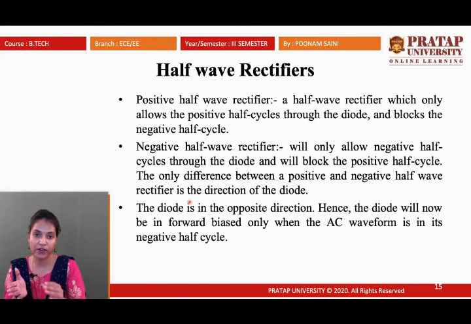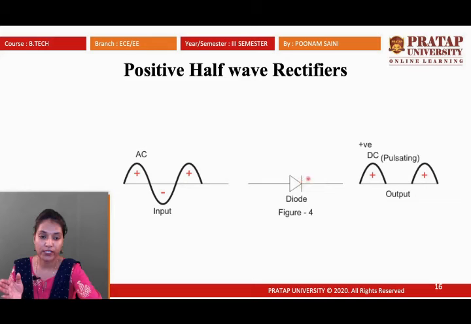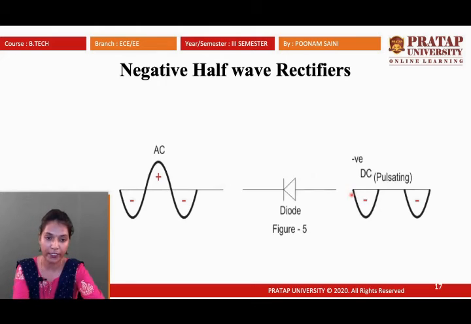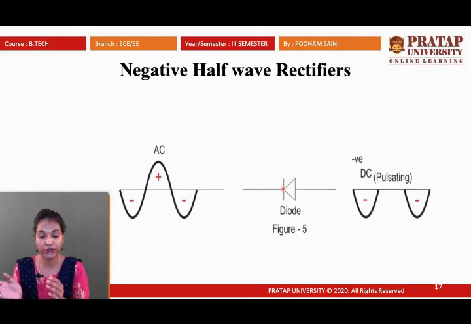So in a positive half cycle, the diode is in this position. You can see that the positive is going to be passed and the negative is going to be blocked. In the negative half cycle, the direction of the diode is going to be changed. If the direction of the diode is changed, the flow of the current is also changed.